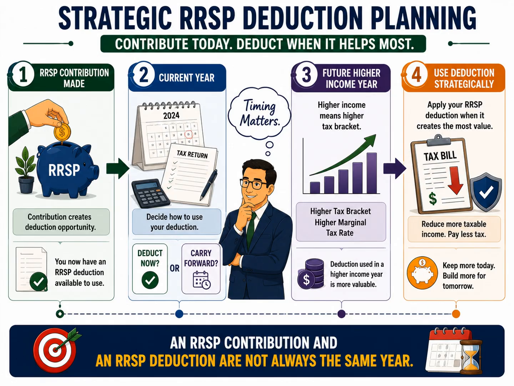Understanding that distinction opens the door to more sophisticated planning opportunities and allows advisors to help clients get the maximum possible value from their RRSP contributions. In many cases, the smartest RRSP strategy is not just about contributing. It's about choosing the right time to use the deduction.